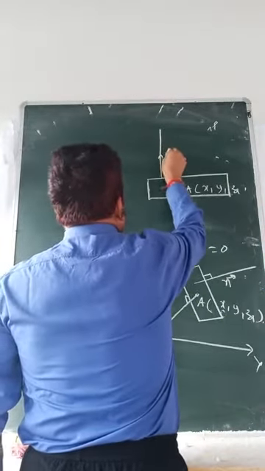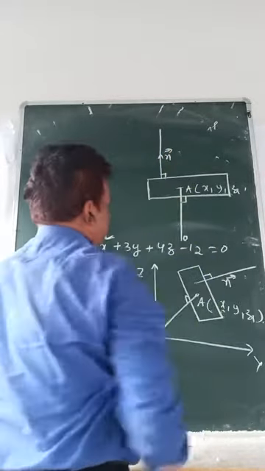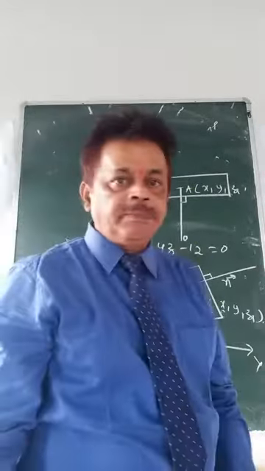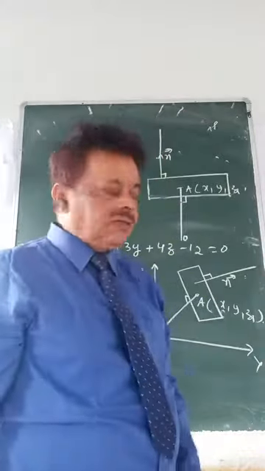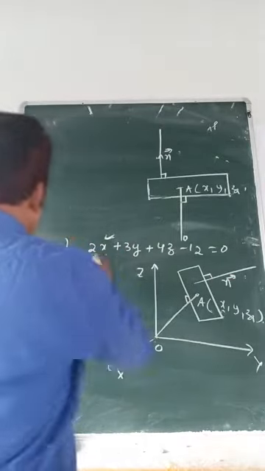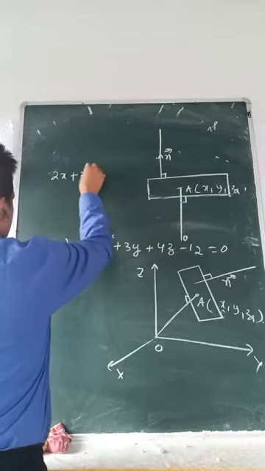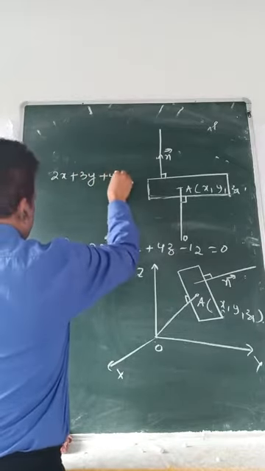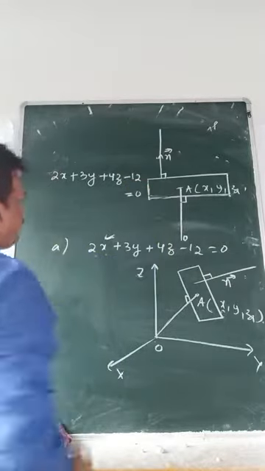This is your n. This is the situation. Every plane has a normal. So first you find the normal from here. How to find it? You are given 2x plus 3y plus 4z minus 12 equals 0.